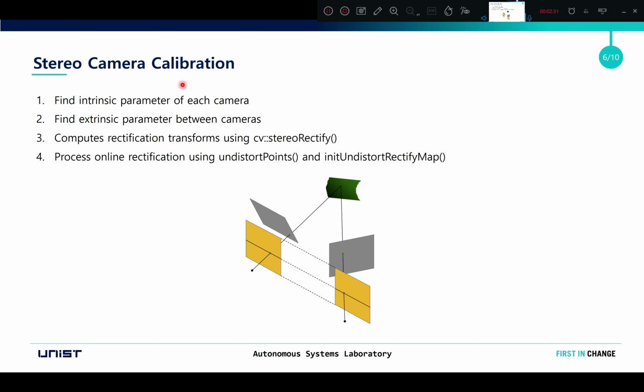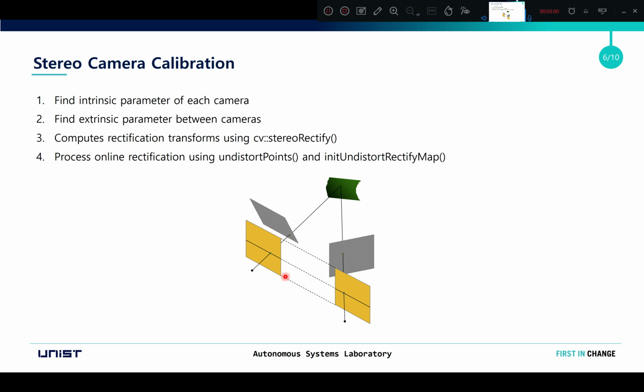At first I have to calibrate the stereo camera. Each camera can be located arbitrarily, as you can see in the grayscale. First, I have to calculate the intrinsics, and thanks to the intrinsics, I can calculate the extrinsic parameters. Then using the OpenCV function, I can compute the rectification transform so that I can rectify the grayscale to a yellow scale.